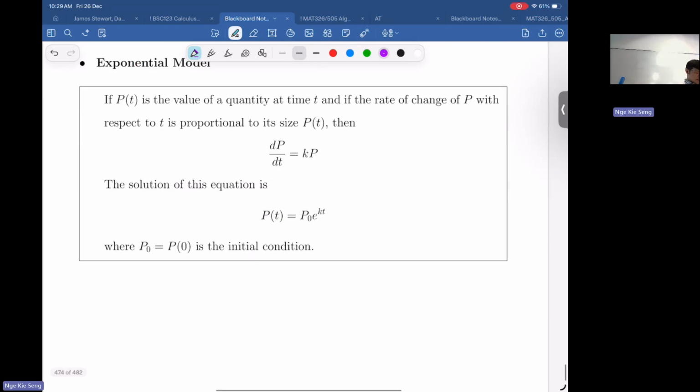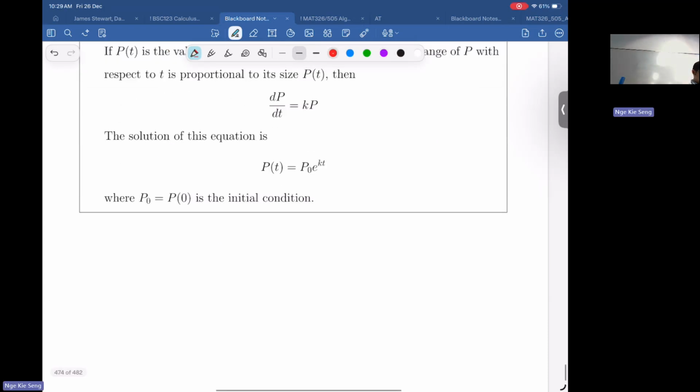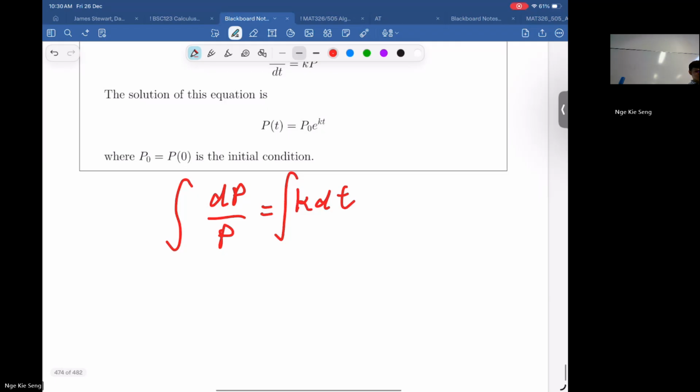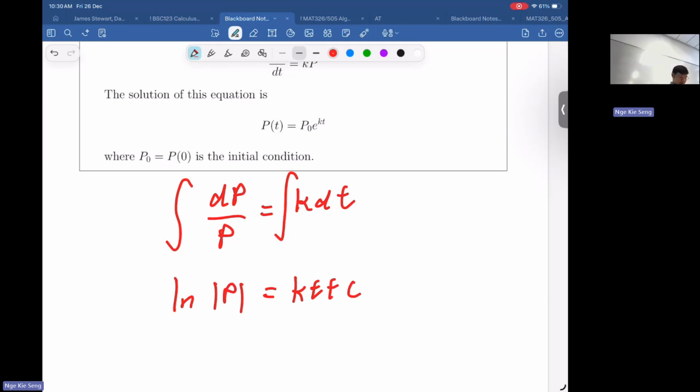Given what we have learned just now, we solve this using a separable equation. If we separate it, it will look something like this, and then we integrate both sides. In this case, we get ln|P| equals kt plus C, then |P| equals e to the kt plus C. So we can turn e to the C into a scalar.